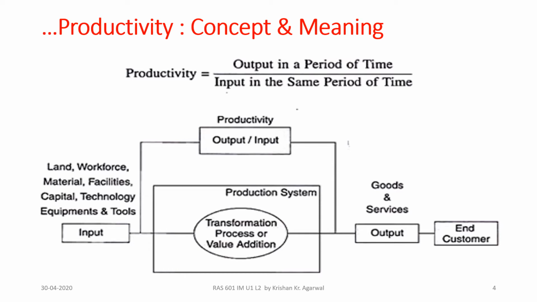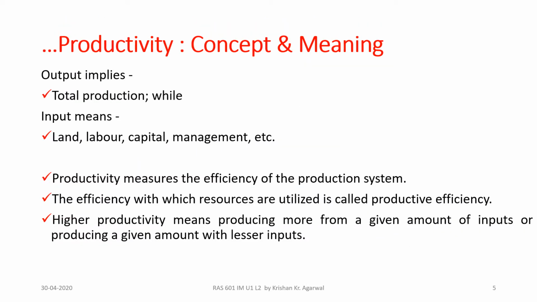Next, we'll see about the productivity. Higher productivity: when we find out the ratio in terms of output as well as input, then we'll find out a number.